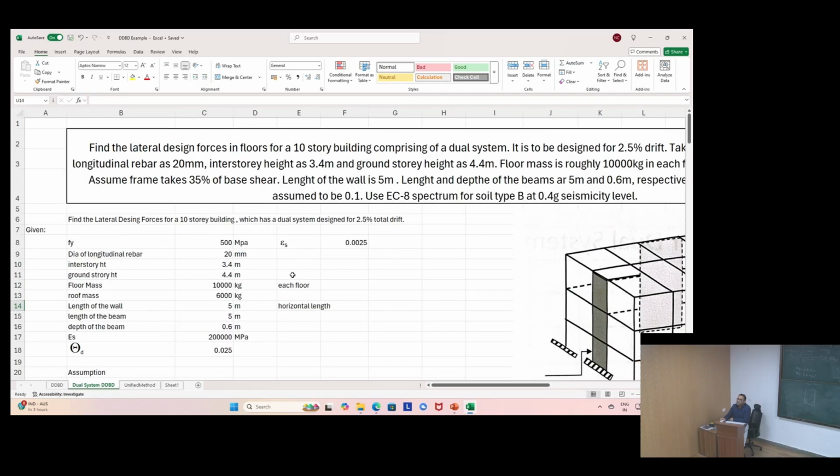So from this, what information can we sift out? Your Fy is 500 megapascal. The diameter of the longitudinal rebar is 20 millimeters. The grade of the rebar is with your Fy. Interstory height is 3.4 meters. Your ground story height is 4.4 meters, and that's also your HSC.